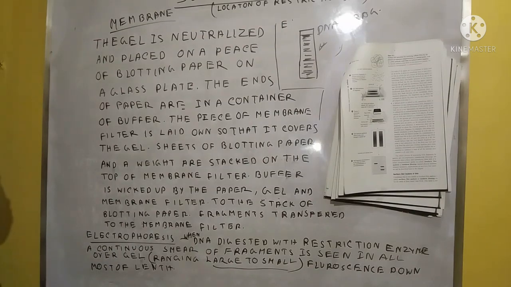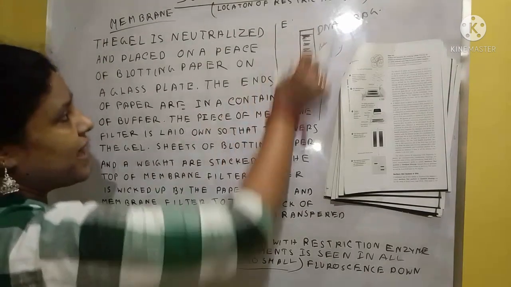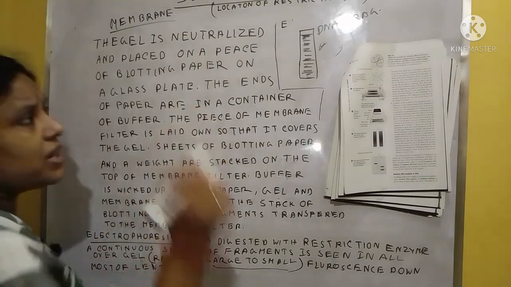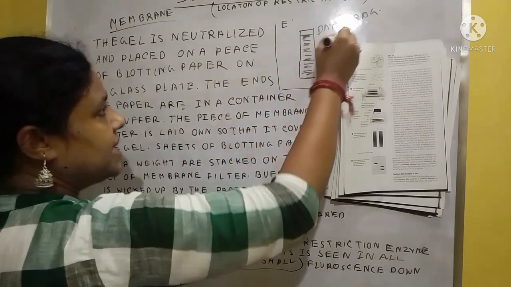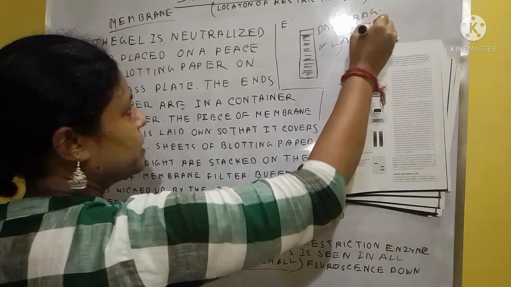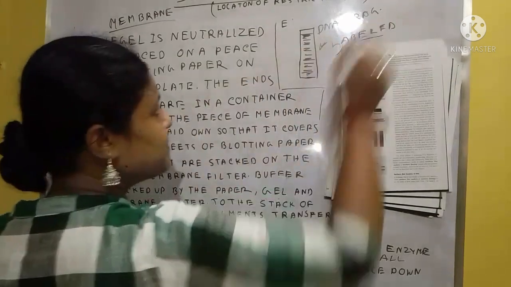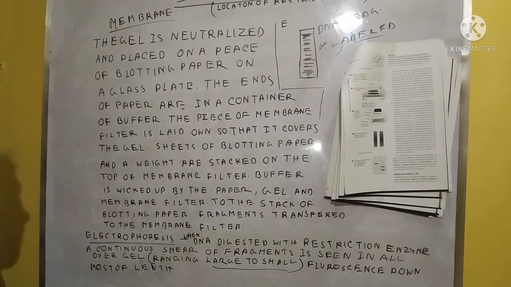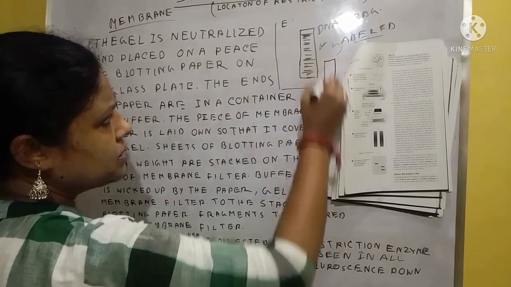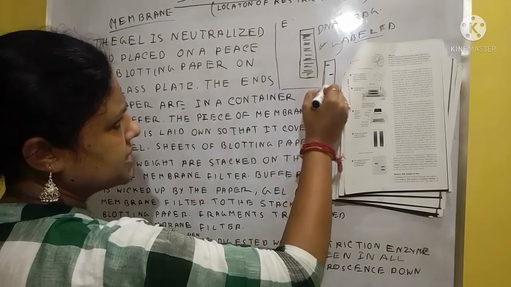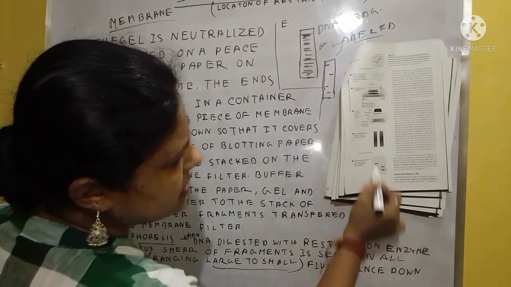First we need to separate the fragments, and when we put the labeled probe, the particular DNA that is complementary to the labeled probe hybridizes with it, and then we get the proper membrane filter, like this.